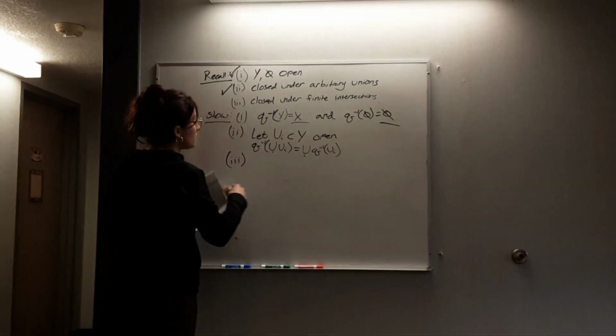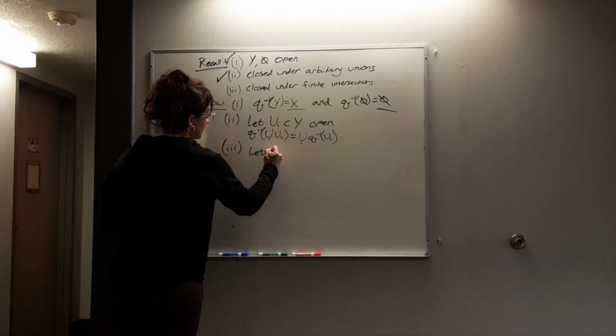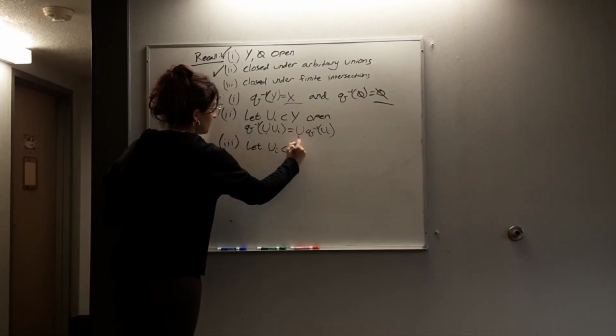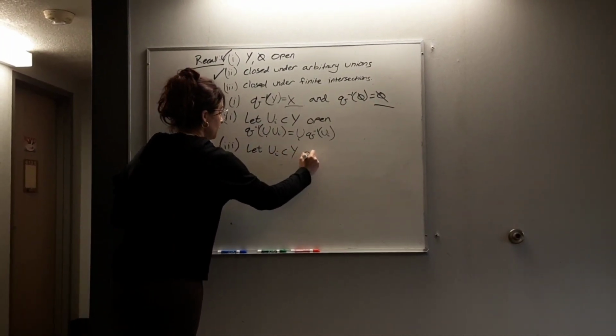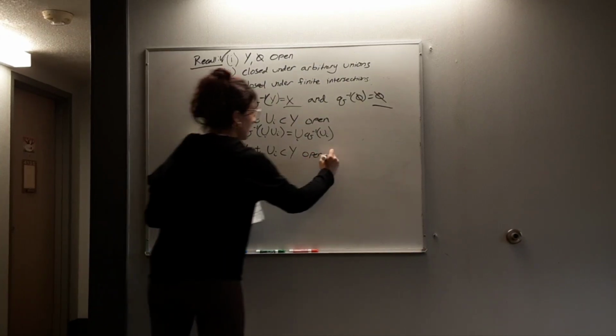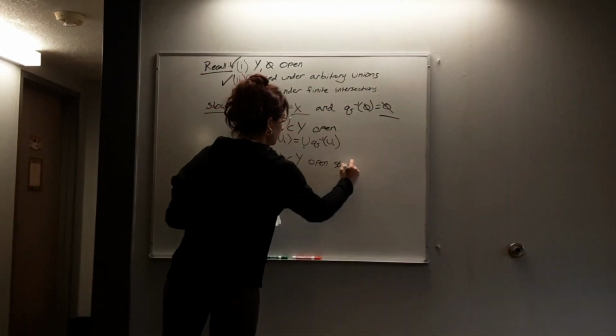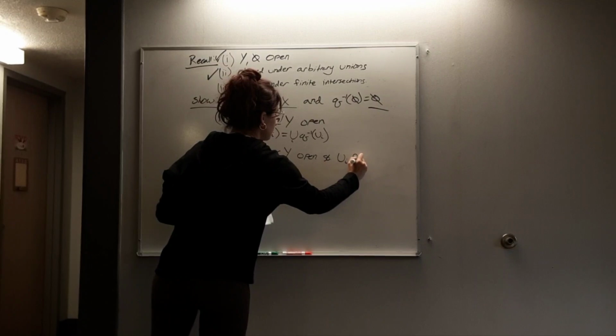So what that's going to look like is we're going to let U sub I, a subset of Y, be open such that the U sub I are finite.